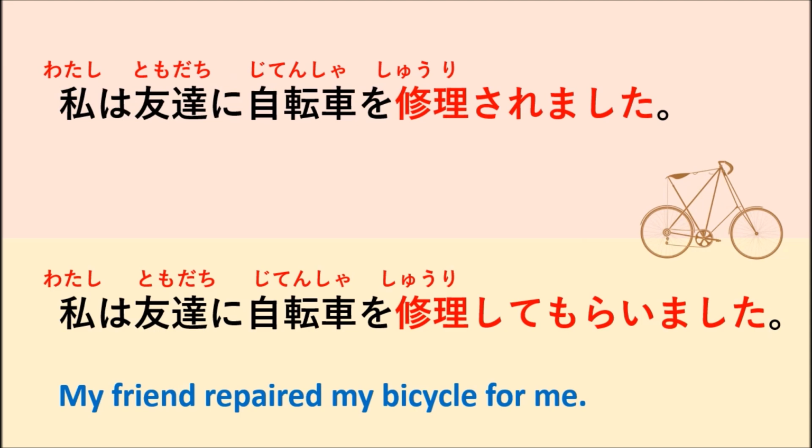In here we have sentences like this. Let's think together. The first sentence we say, 私は友達に自転車を修理されました。And the second sentence is 私は友達に自転車を修理してもらいました。These two sentences are meant to say that my friend repaired my bicycle for me. So how are they different, and which one is right and which one is wrong?